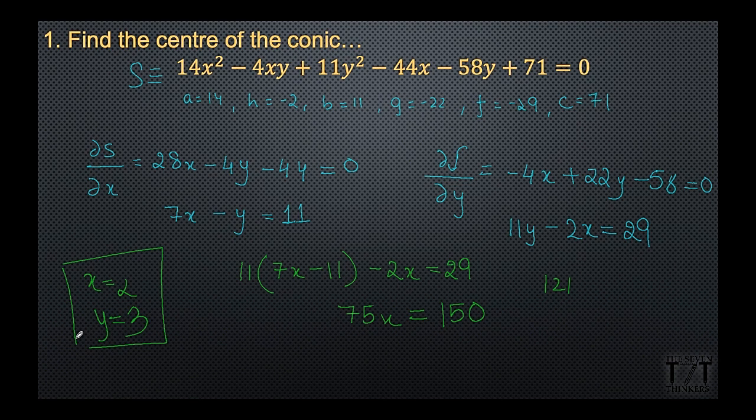The next method is by using the discriminant method. So using the discriminant method, it is A, H, G, H, B, F, and again the first column written over here. And we're going to cross multiply the terms.